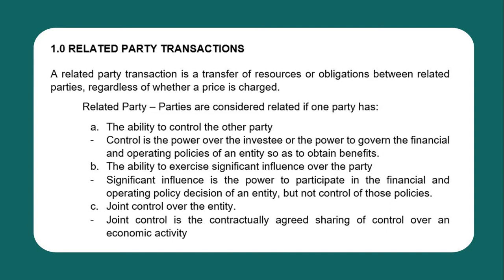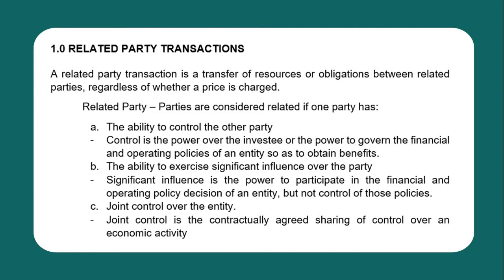So if sa control, ang ownership sa isa ka party towards the other party is at least 50% of the shares of stocks, pag may significant influence, at least 20%. Okay? But not more than 50%. So, 20% ang iyang ownership, pero dili siya mulampas og 50%.